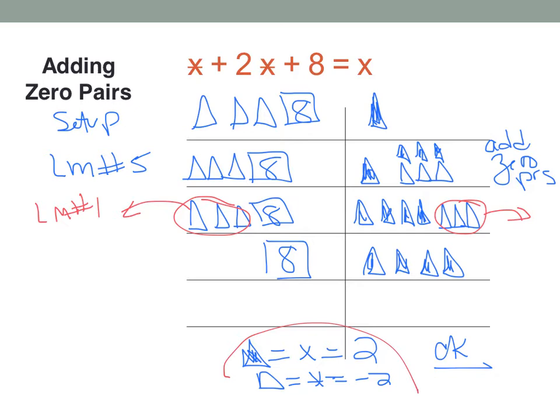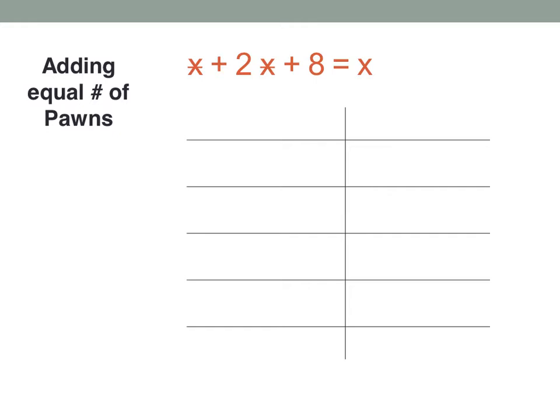Now let's take a look at this instead of with zero pairs, just adding pawns. When we do that, we are still starting here with the 3 white pawns on the one side and the blue pawn on the other side. So now we're going to add an equal number of pawns.